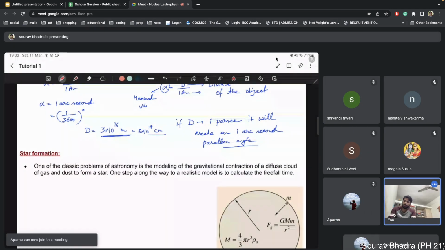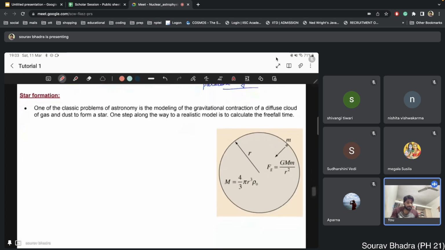Now, I will come to something not important in nuclear astrophysics, but I think you will find it interesting. So as you know, sir told you in the first few lectures that generally star formation happens in a nebula.